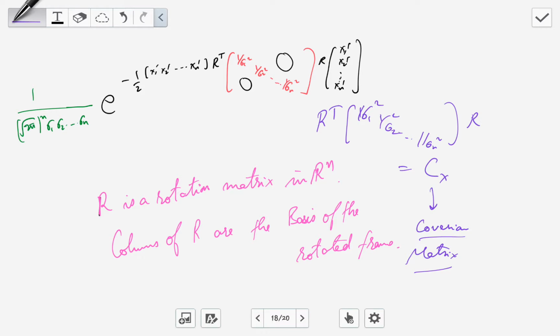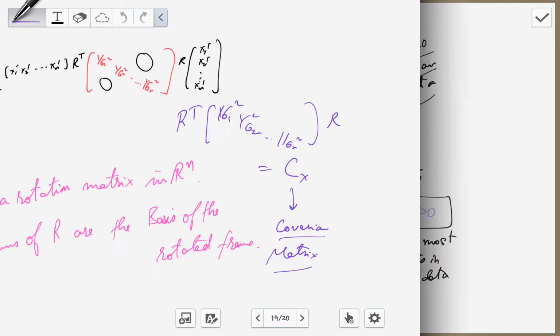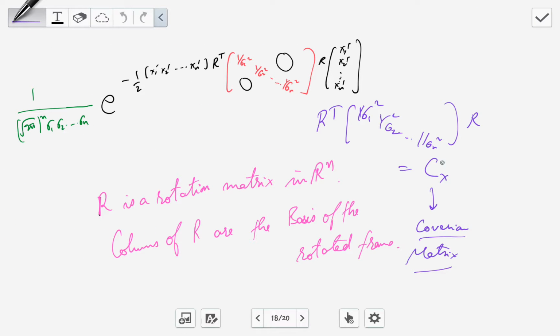So called the inverse of the covariance matrix, because you see these are inverse variances. These are inverses, no? So we call this the inverse of the covariance, because it is containing these. And R transpose and R are inverse of each other.